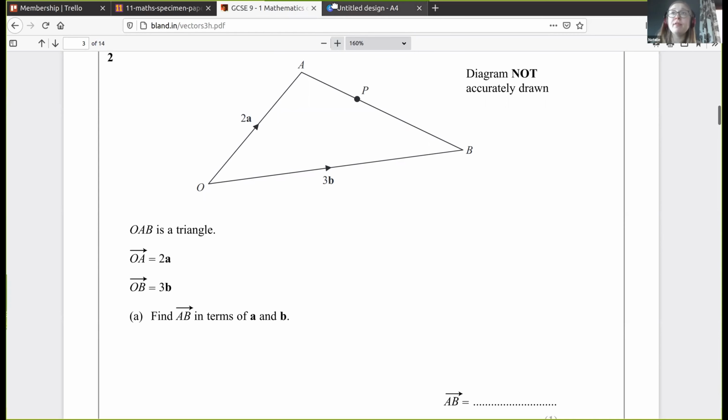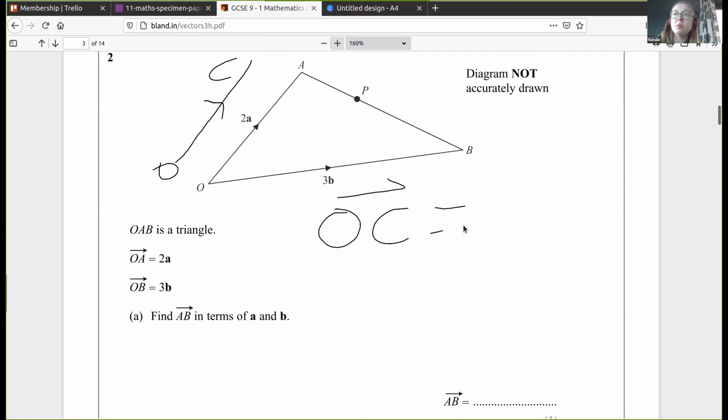So if I have a vector that is parallel, i.e. in the same direction as another vector, then I can say that, for example, if I had another vector over here that's parallel but not the same size as OA, let's call it OC, my vector OC will be equal to some multiple of OA.